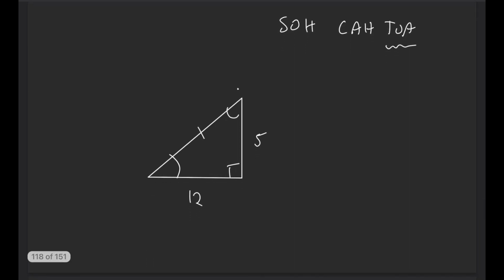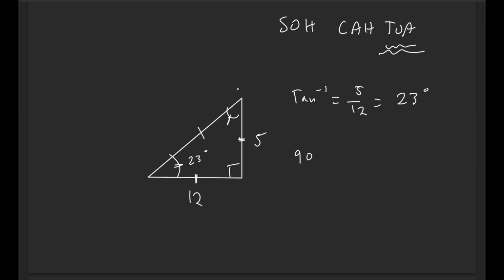Okay, let's try this one. Let's use trig and SOHCAHTOA to solve this triangle. What I'm going to do is, let's start with this angle. If we have the adjacent side and the opposite side, we can use tangent. So if we go inverse tangent, we can do the opposite, which is 5 over 12, which would be 23 degrees. And then we know that they add up to 180.